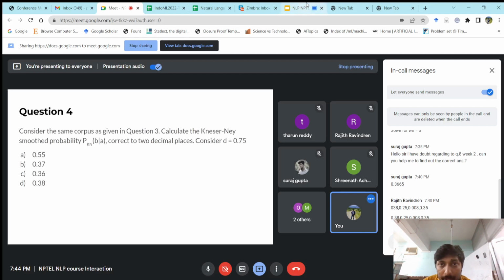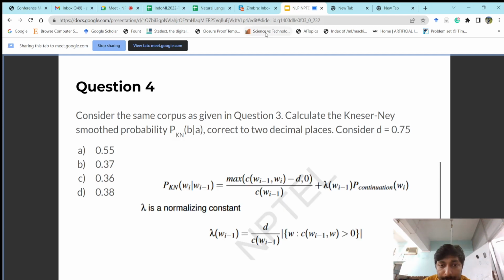So let us first look into the formula for the Kneser-Ney smoothed probability. So what does it say? The maximum of, so D here is a constant.